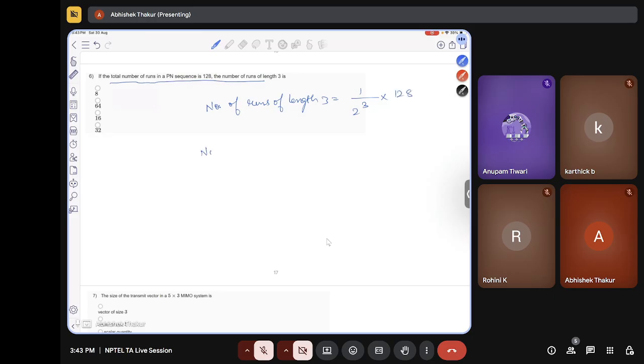What is the formula? Formula is number of runs of length n is equal to 1 by 2 to the power of n into total number of runs. The same formula we will apply. So 1 by 8 into 128. So this will become 16. So option C is the correct answer. So number of runs of length 3 is 16.